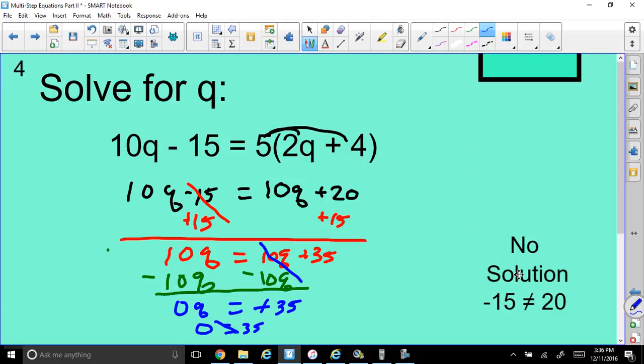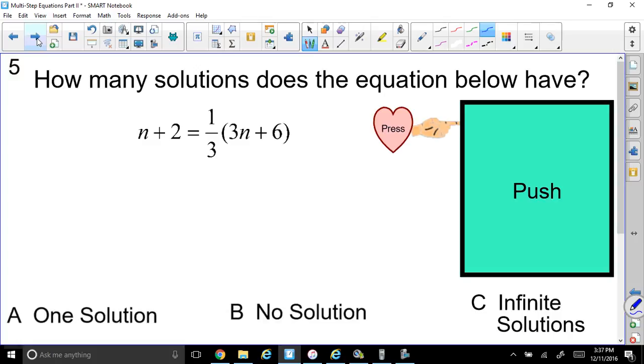So there is no solution for this. We did it both ways, and we couldn't get a solution. So you have to be careful when you're solving your equation. Sometimes you're not going to get a solution. So look at it and see. I stopped right here when I noticed the 10Qs were on both sides and looked the same, but the constants were different.